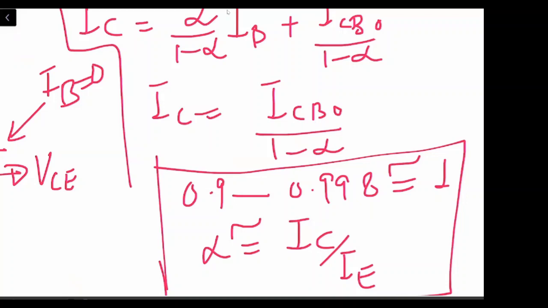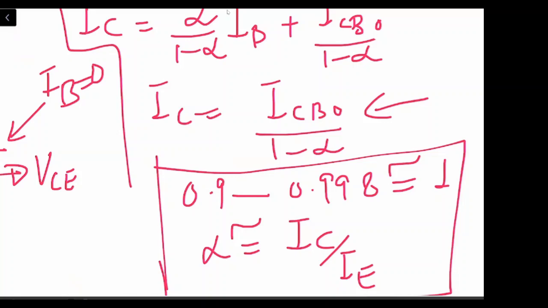And once this is the case, if we put a value of alpha within the range in this equation, let's suppose we say the value of alpha is 0.996, right?